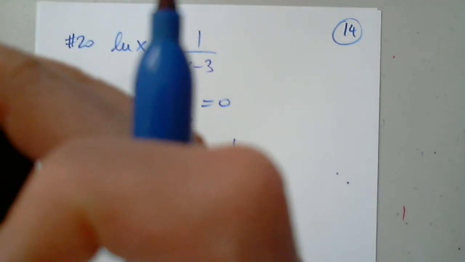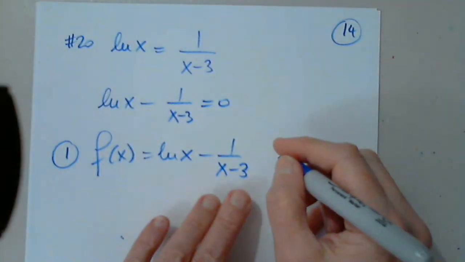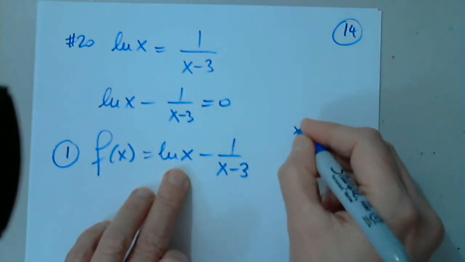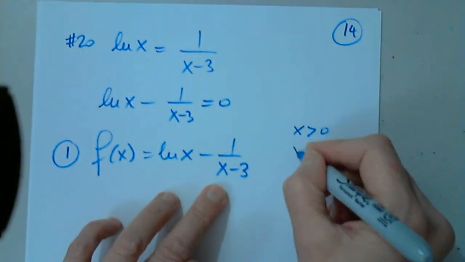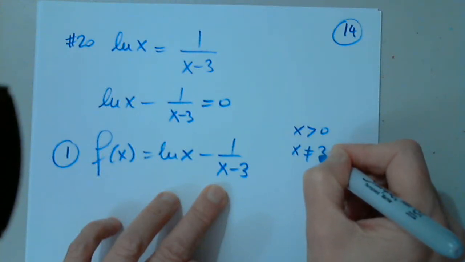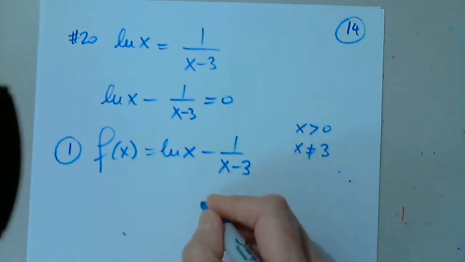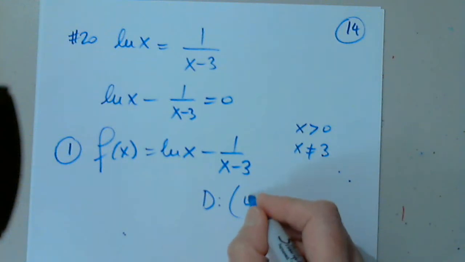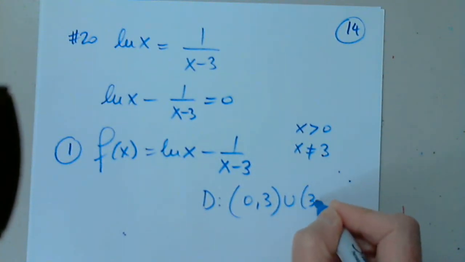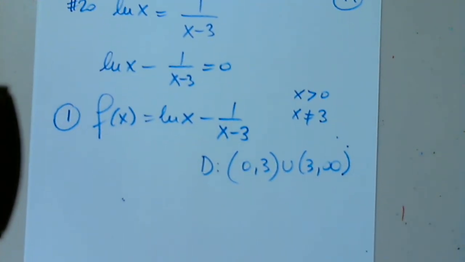Because of the equation we chose, I have to write to myself, x has to be greater than 0 and x cannot be 3. So the domain of this function is 0 to 3 union 3 to infinity.